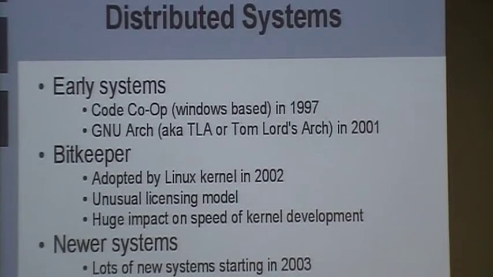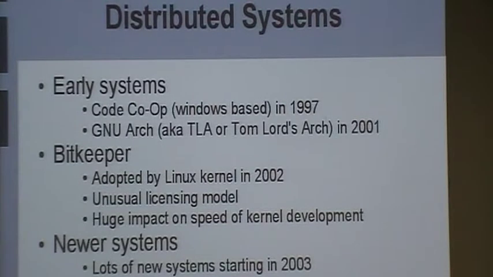Distributed systems started back in 1997, but they didn't really take off until the Linux kernel adopted something called BitKeeper in around 2002. And BitKeeper was a bit of a strange one in that it was semi-proprietary. It started off actually as more towards free software where it distributed the source code, but it had some strange licensing conditions, a very unusual licensing model that led to a lot of conflict in the free software community.